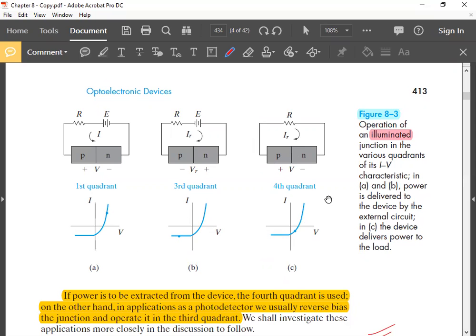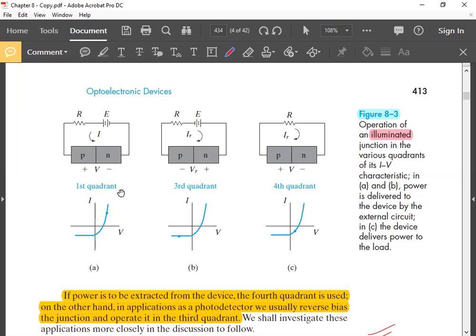The IV characteristics of the illuminated diode, or photodiode, has points in the first, third and fourth quadrants. There is no point in the second quadrant, right?